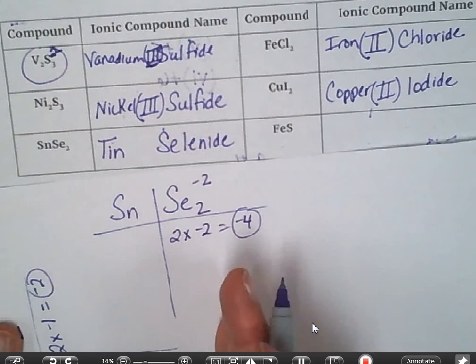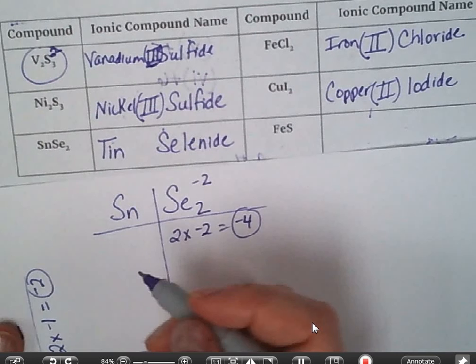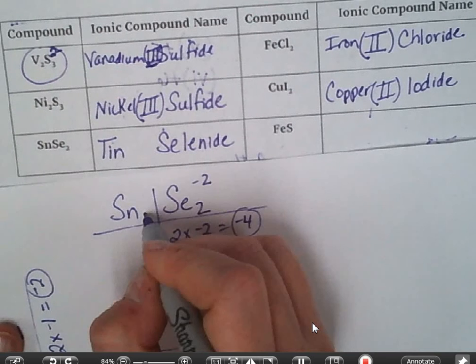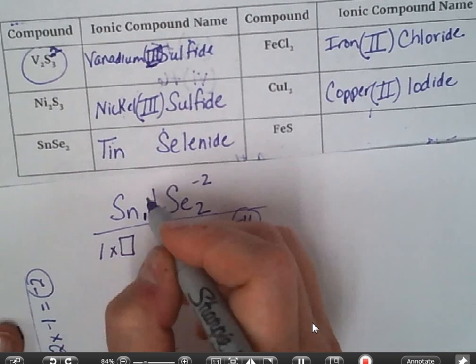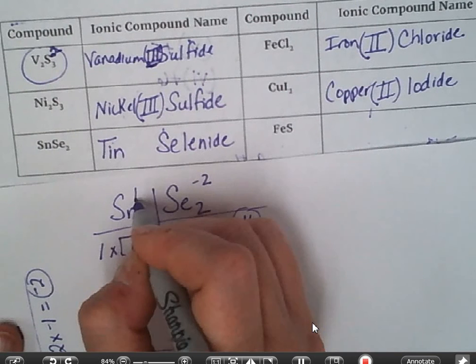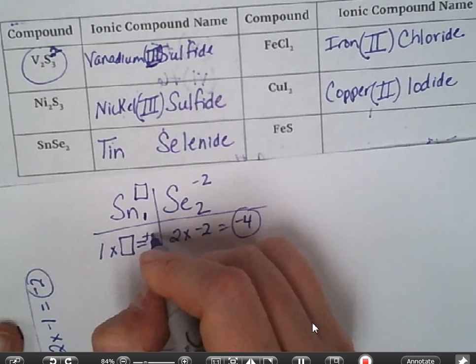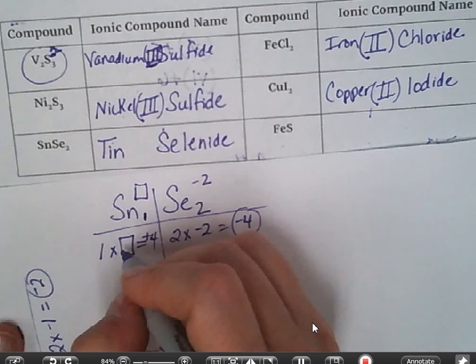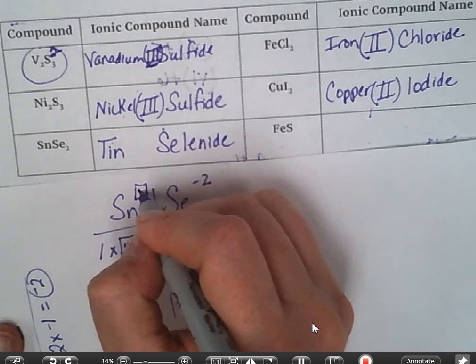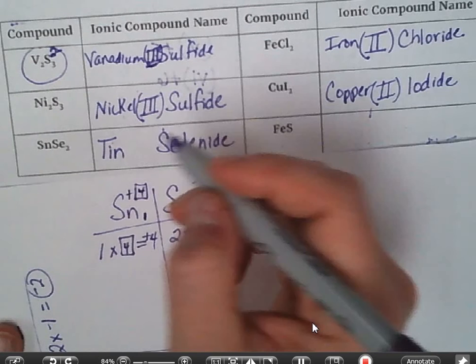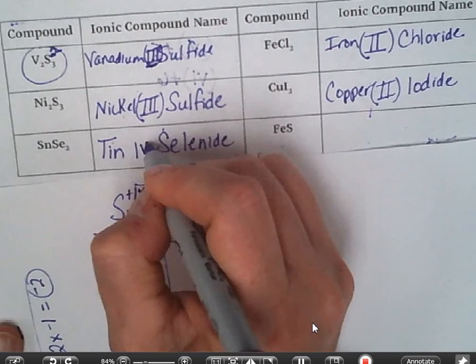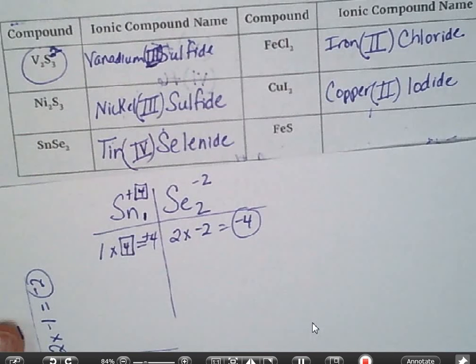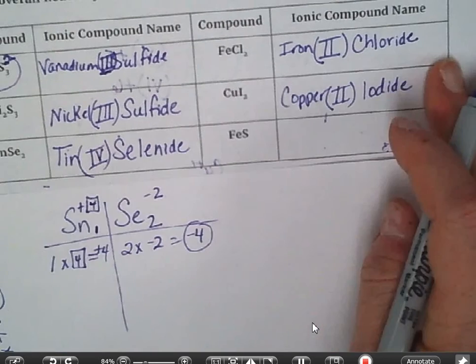On this side I only have 1 atom of tin times whatever that oxidation number is that I don't know, and it needs to give me a +4. So 1 times 4 is +4. So this is going to be 4, and we write IV. So tin(IV) selenide.